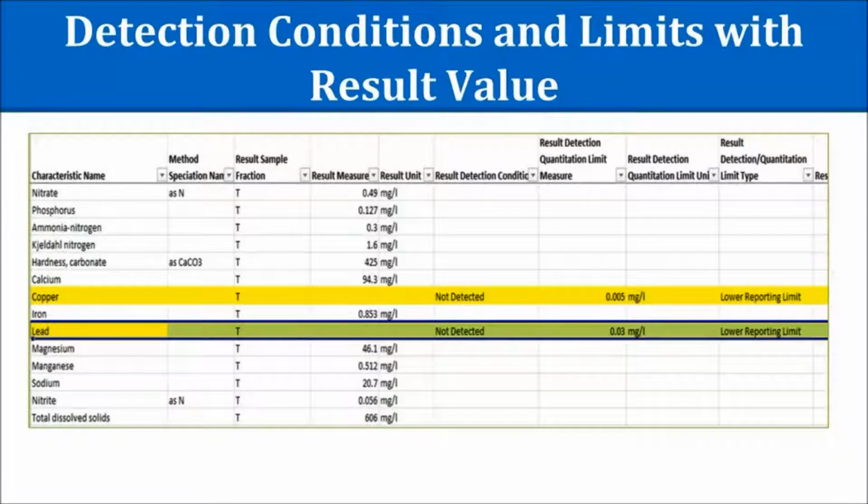But if you had copper, and copper does not have a result measure, your result detection condition is why don't you have a result measure for copper? It's because it wasn't detected. So what is the quantitation limit? Well, the lower reporting limit is 0.005 milligrams per liter. You need to populate that information so that people can say why it was not reported, or why it was below detection condition. So maybe somebody can use that number on their analyses.